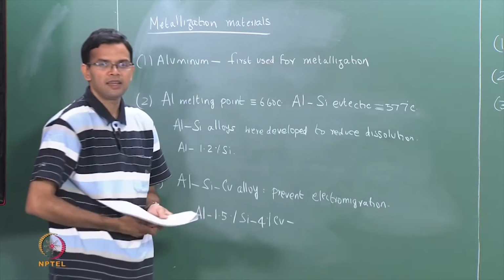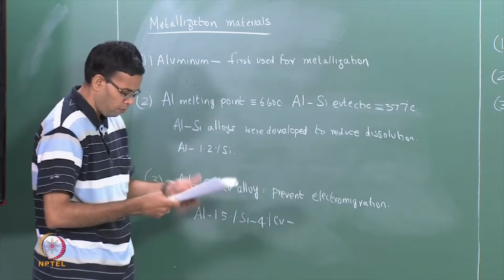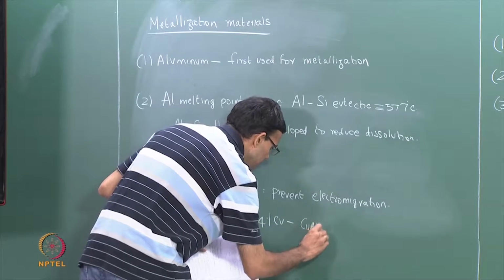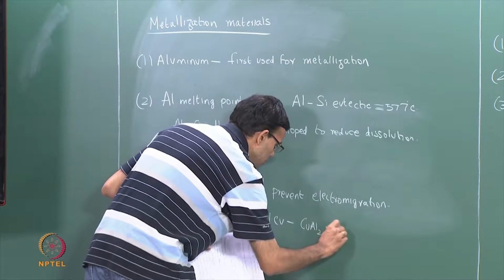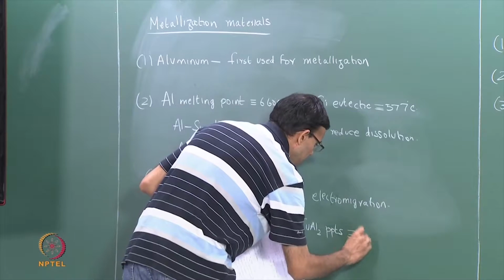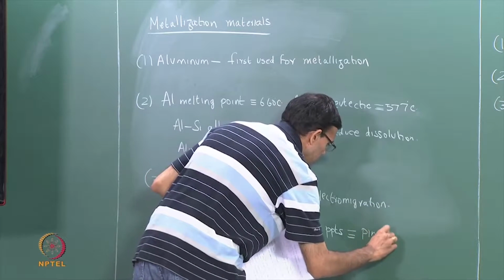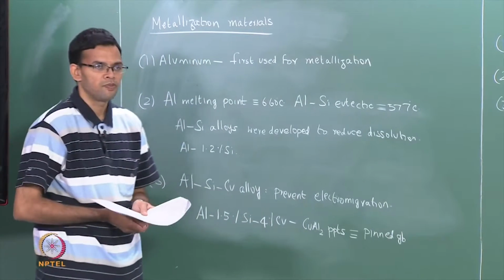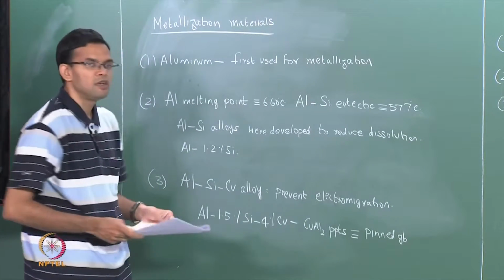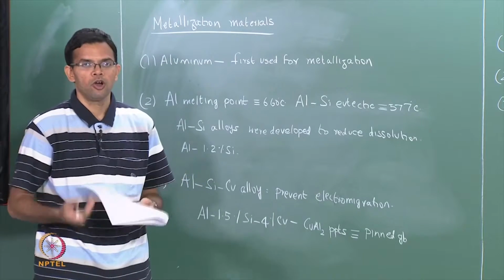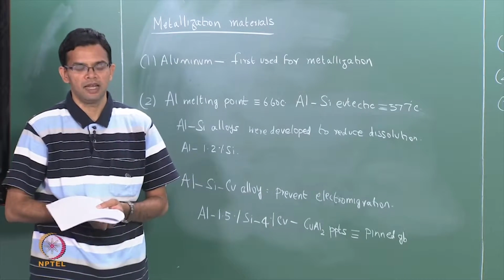So in this particular case, the aluminum and the copper formed CuAl2 precipitates, which essentially pinned the grain boundaries and reduced electromigration. Finally now, aluminum is totally dispensed and pure copper is used as a metallization layer.